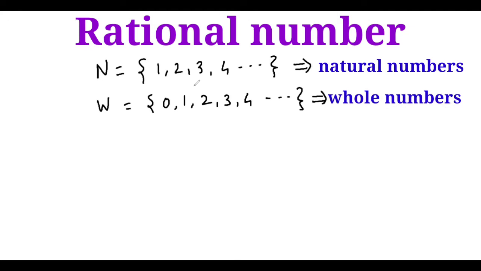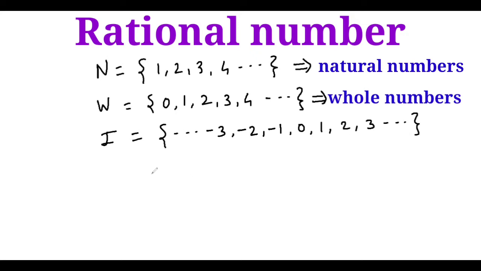Then we learned the concept of integers, denoted by I: all positive and negative numbers with 0. So -3, -2, -1, 0, 1, 2, 3, and so on. It is said as integers.